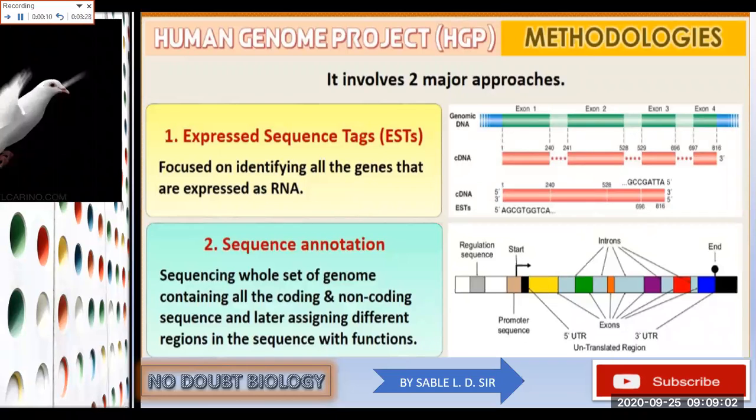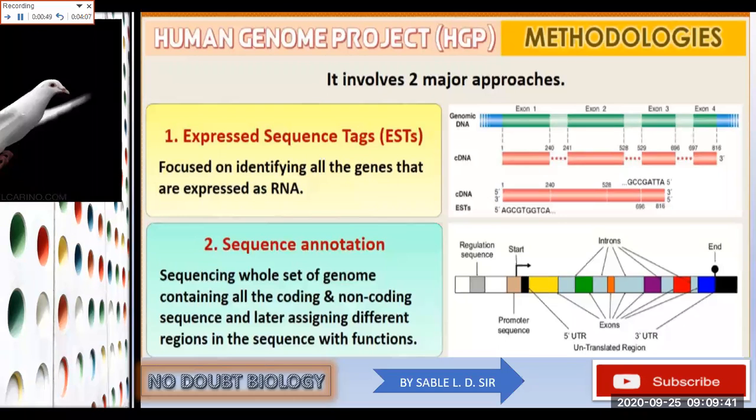The first approach is the expressed sequence tags, in short ESTs. The expressed sequence tag approach is focused on identifying all the genes that are expressed as RNA. So what may be the relation between the genes and the RNA? They can firstly identify it. This is the first approach in the Human Genome Project.